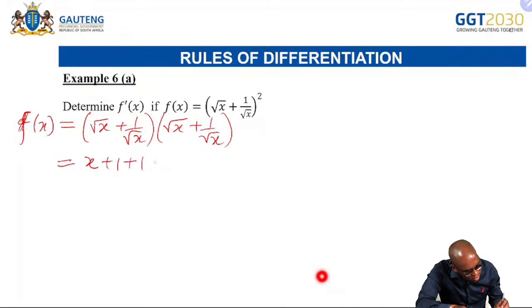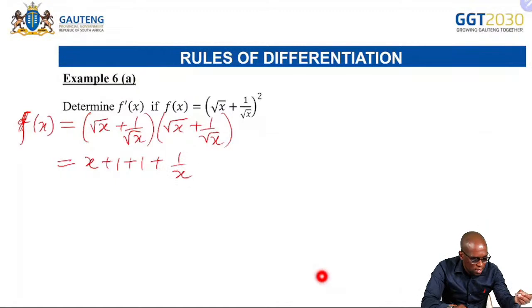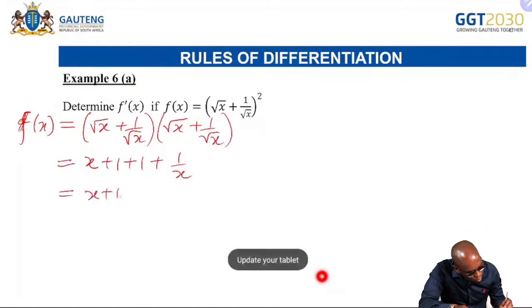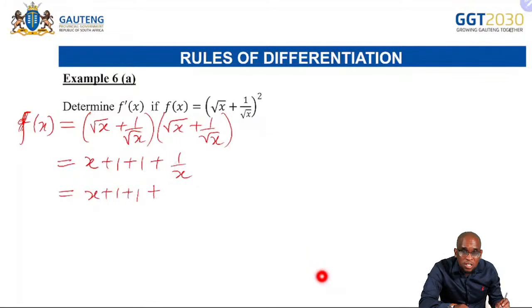When I multiply these two, I get 1 over x. Now I simplify: 1 plus 1, and then I'll use the inverse law because the x is in the denominator. So this would be x to the exponent of negative 1.